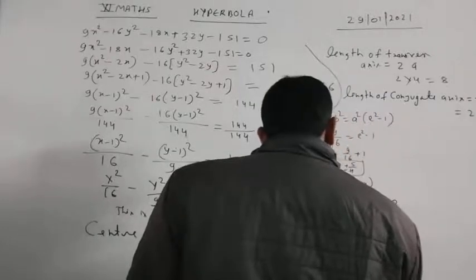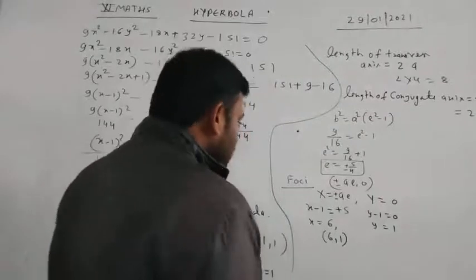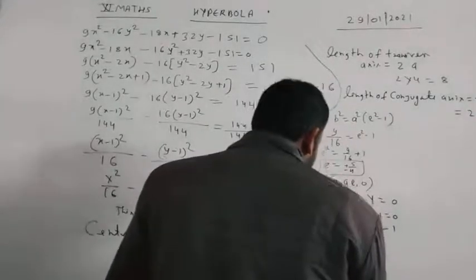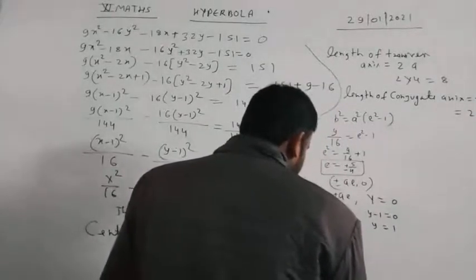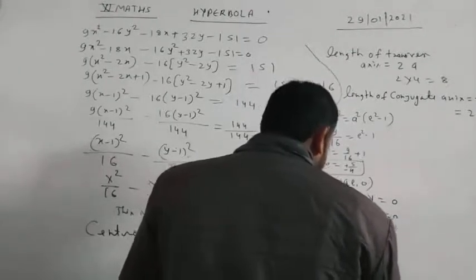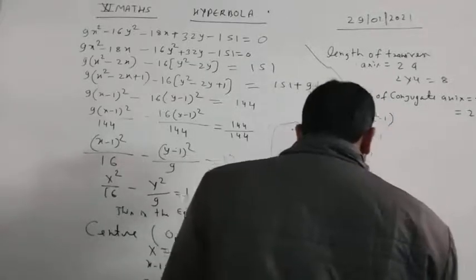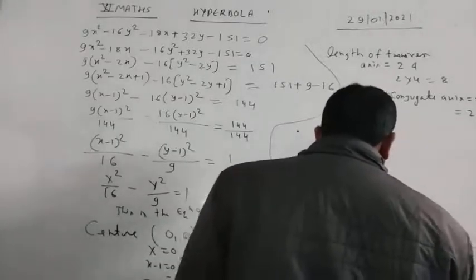So our focus is (6, 1). If we take the negative sign, x minus 1 is equal to minus 5, so x is equal to minus 4 and y is equal to 1. So our foci are (6, 1) and (minus 4, 1).